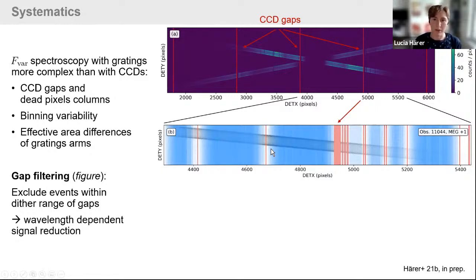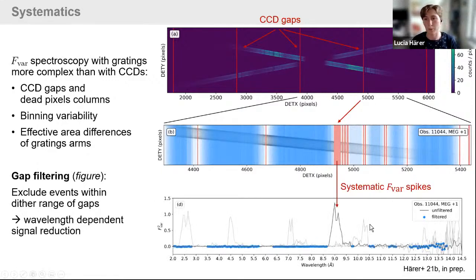Because the instrument dithers, the intensity of the measured X-rays around these gaps strongly varies, and this introduces huge spikes in the excess variance. We filtered out all the affected regions. Basically, all the red regions here are affected by this gap variability.